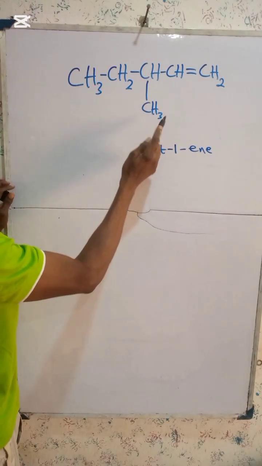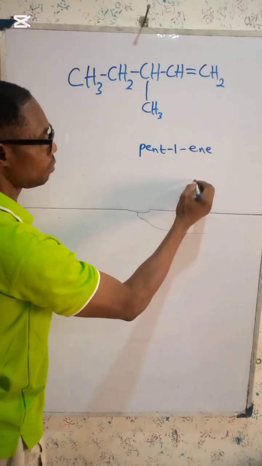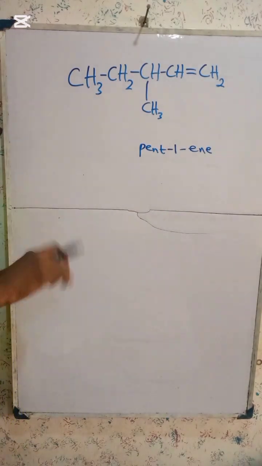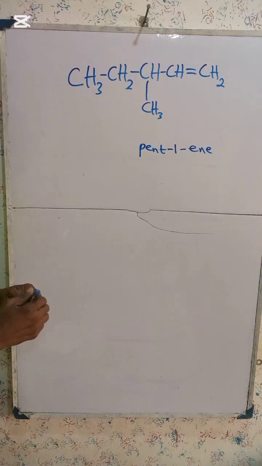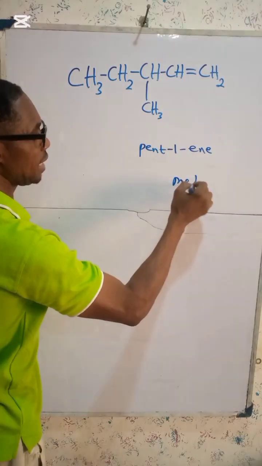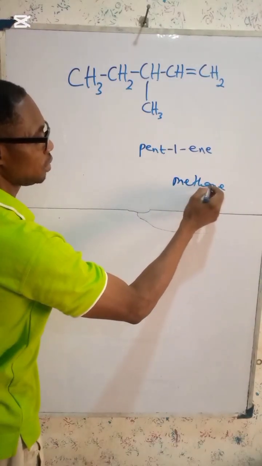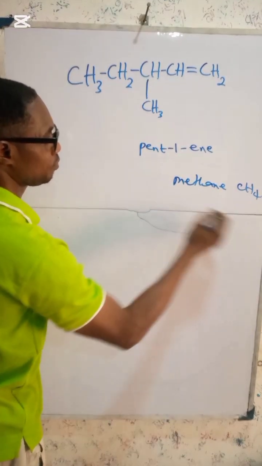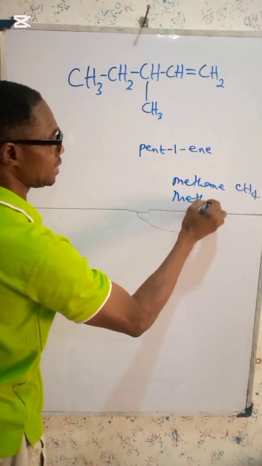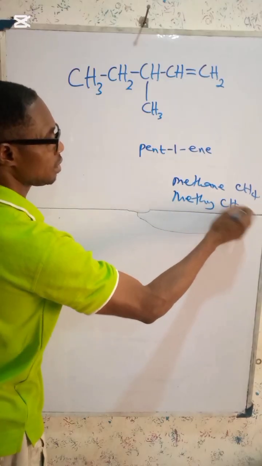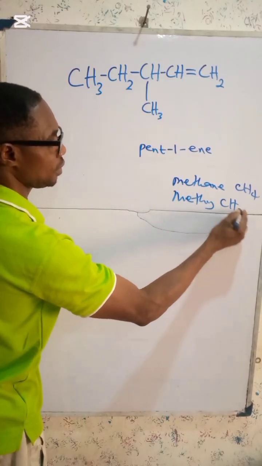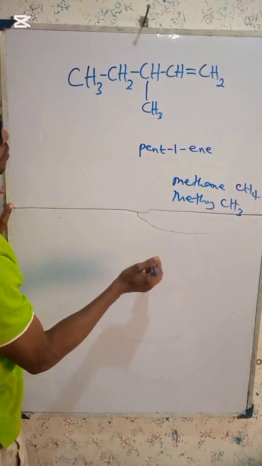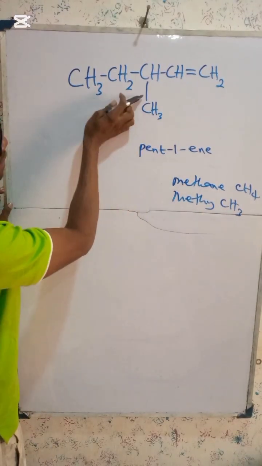This is methyl. Methyl is when 1 hydrogen is lost from methane. If you have methane like this, then the methyl is CH3, 1 hydrogen is lost. So this is called methyl. Where is methyl hanging?